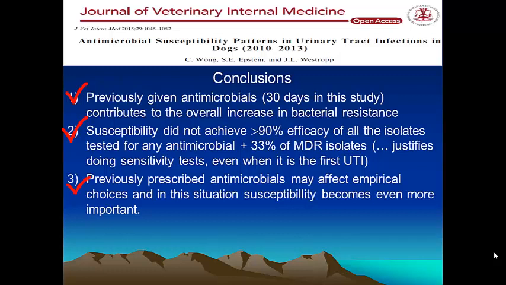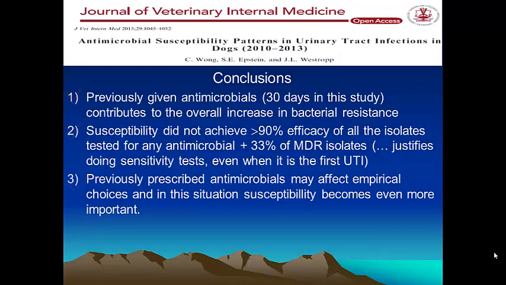I think the final conclusion that we should gather from this paper is that previously prescribed antimicrobials may obviously affect the empirical choices in this situation. Doing susceptibility tests becomes even more important.